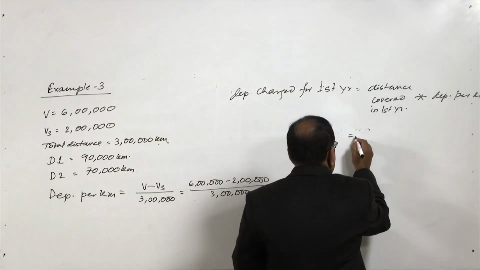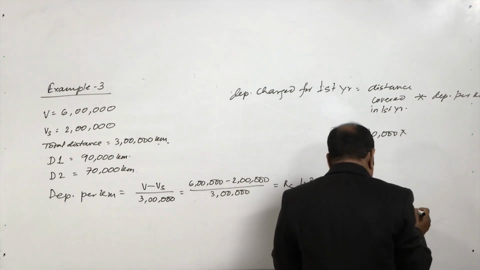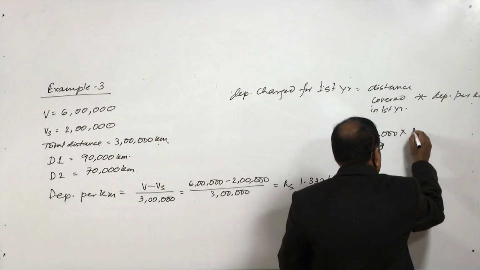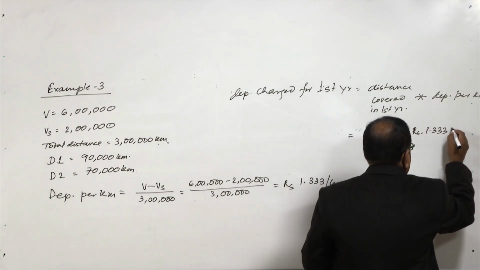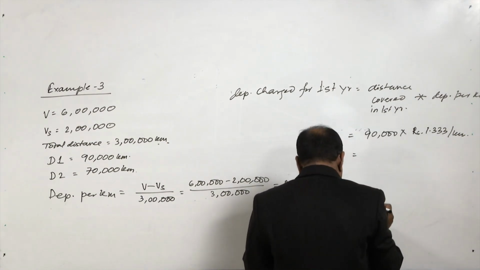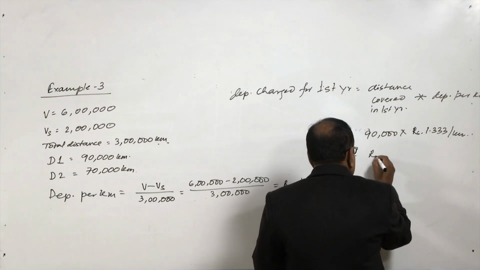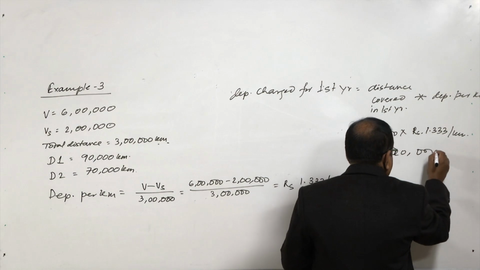This comes out to be 90,000 into rupees 1.333 per kilometer. So, this comes out to be rupees 1,20,000.